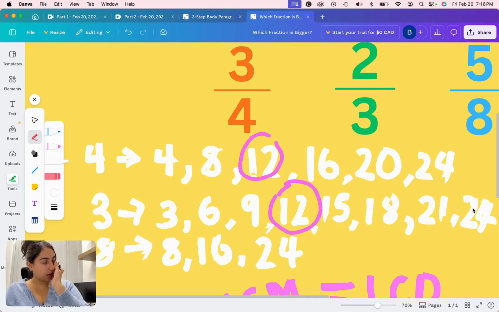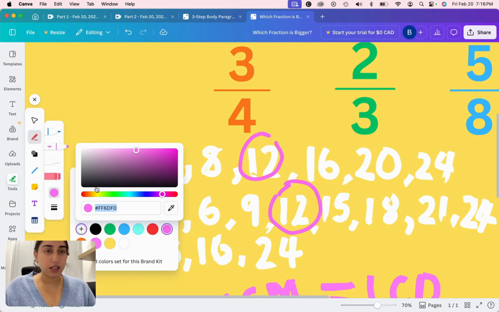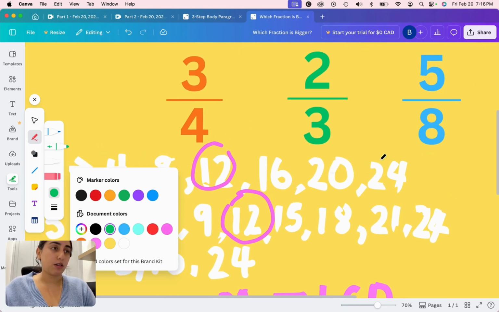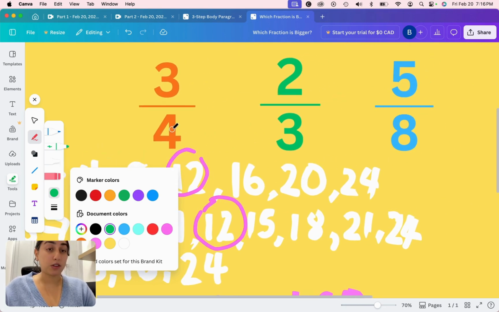Okay. So as you guys can see, 12 only works for 4 and 3. If we want to be able to compare all 3 to each other, they need to have the same denominator. So we need to choose a number that works for all 3 numbers as the denominator. Right now, based off the denominators we have, we can't compare these mathematically.